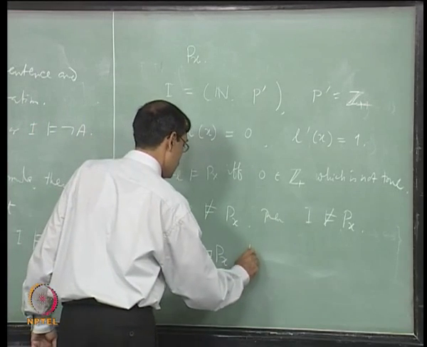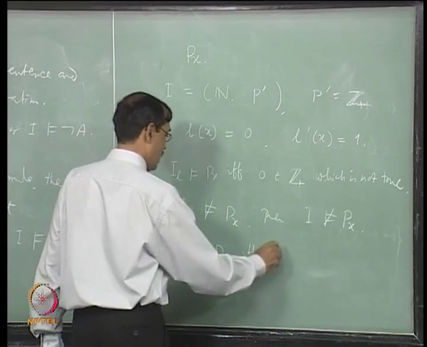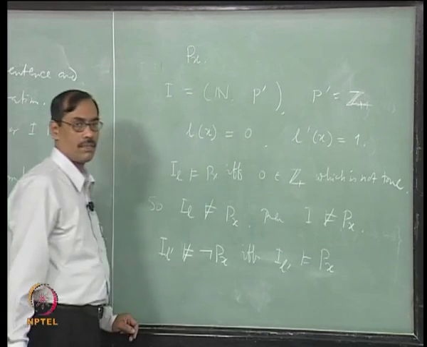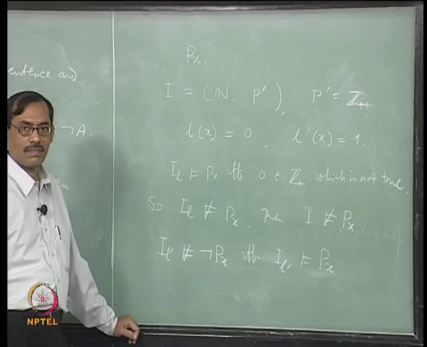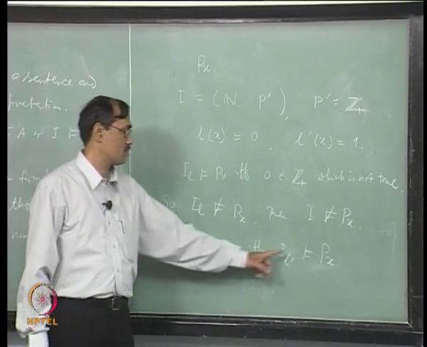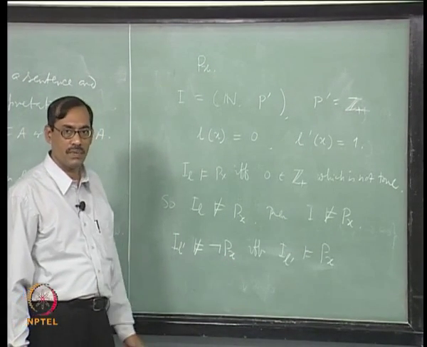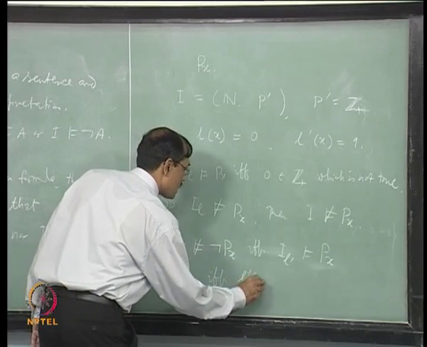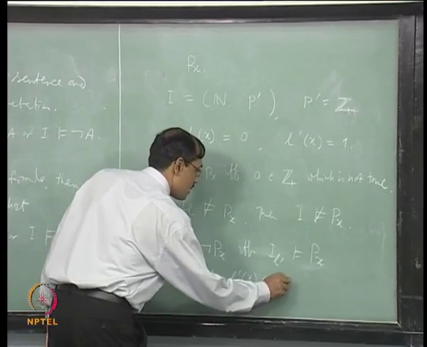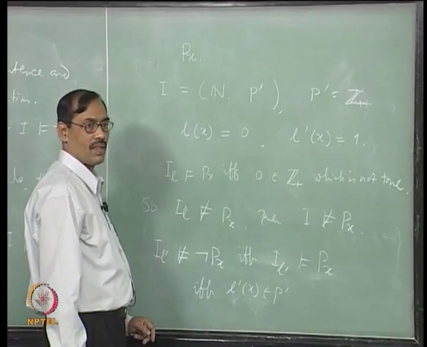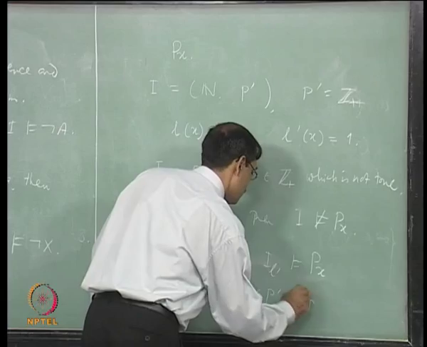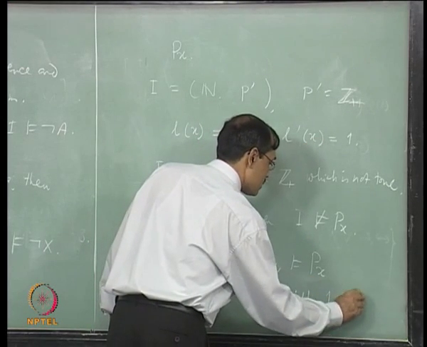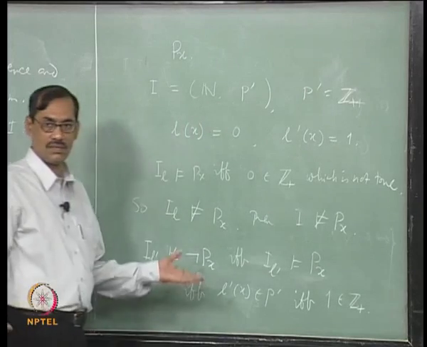This happens if I L prime satisfies P x. So, this happens if and only if L prime of x belongs to P prime, right. So, this gives if and only if L prime of x equal to 1. So, 1 belongs to Z plus, which is true.